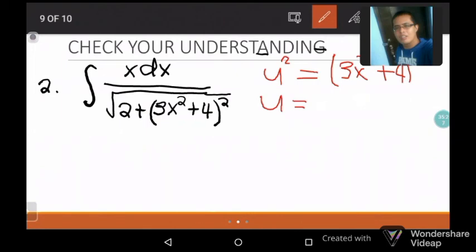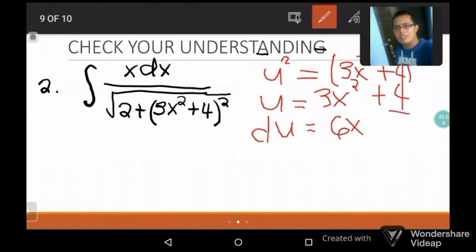Pero dahil calculus siya, meron kang x dx dito, derivative of u. So, derivative of 3x squared, which is 6x. Derivative of 4. So, pag derivative ng constant, always, tandaan, always 0 yan, no? So, 6x. So, isusulat pa ba natin si 0? Hindi na. 0 na lang eh.